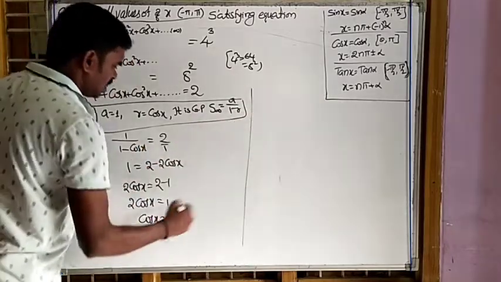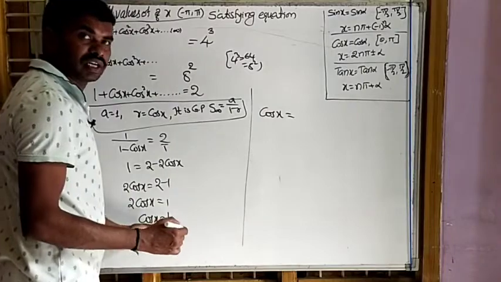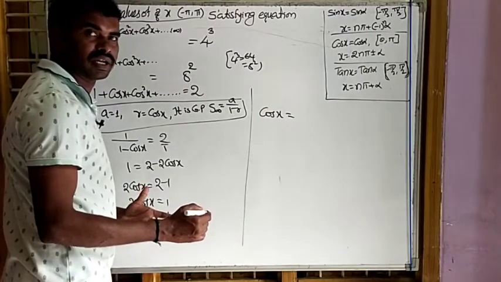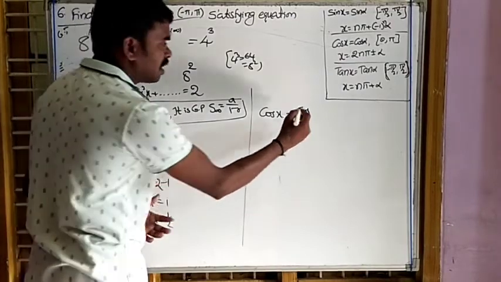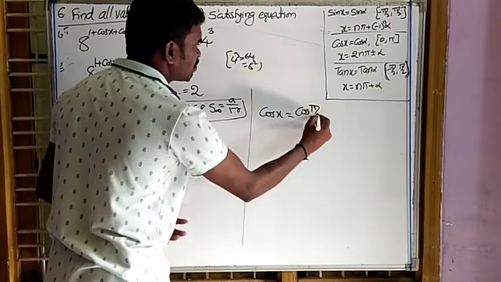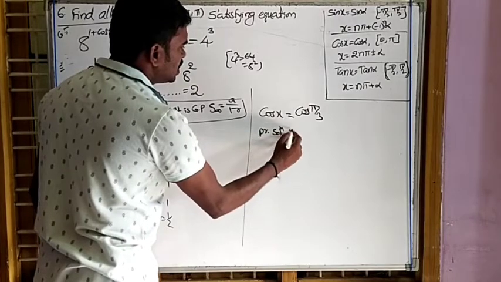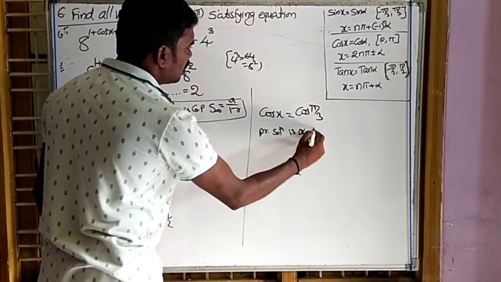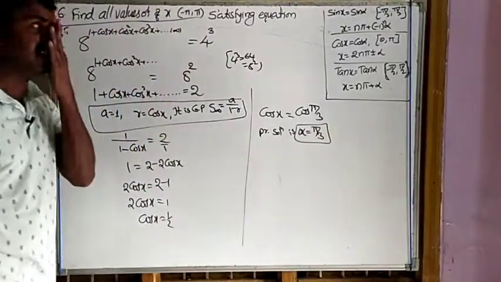Cos x is equal to 1 by 2, so in terms of cos, cos 60 degrees means pi by 3. So the principal solution is alpha equal to pi by 3.